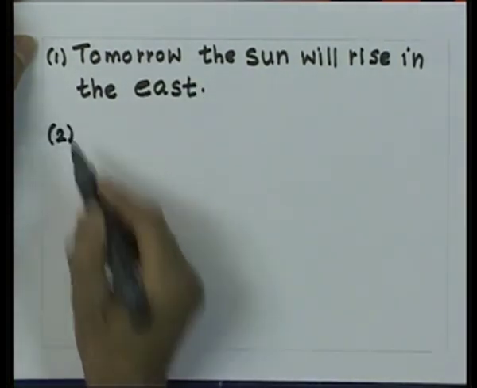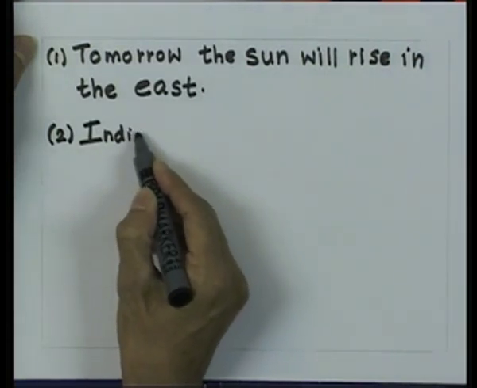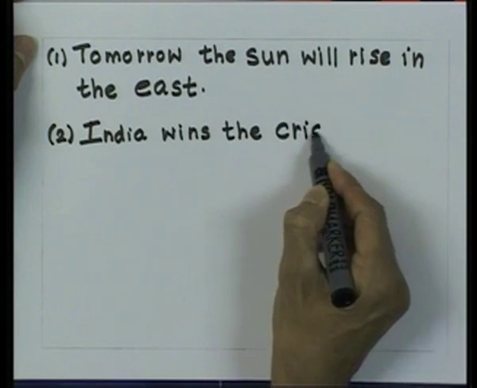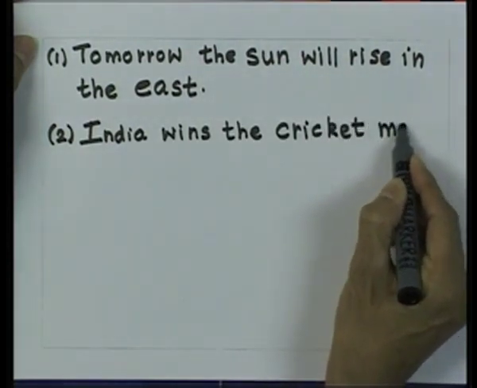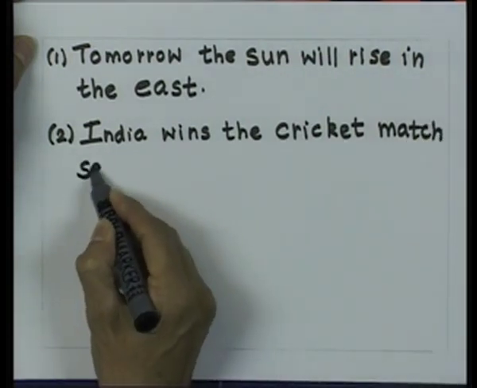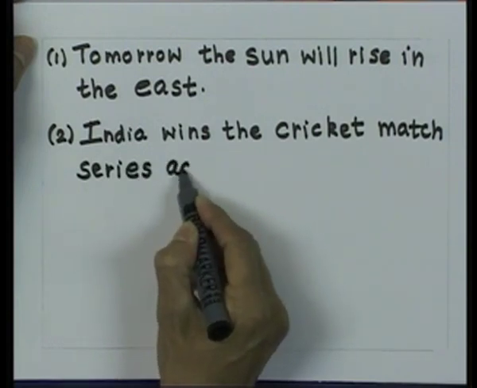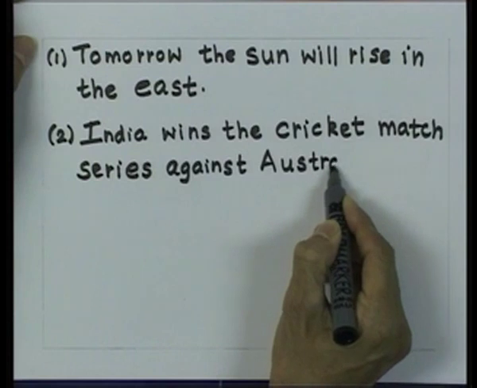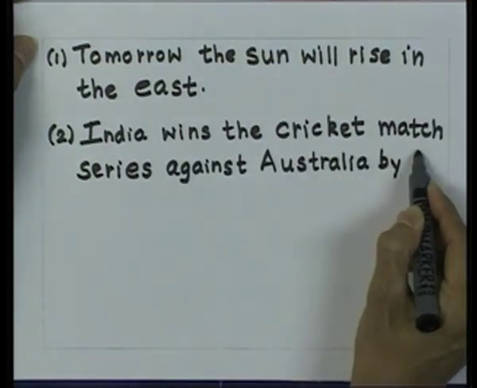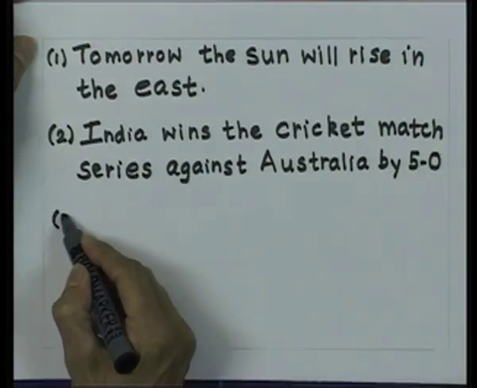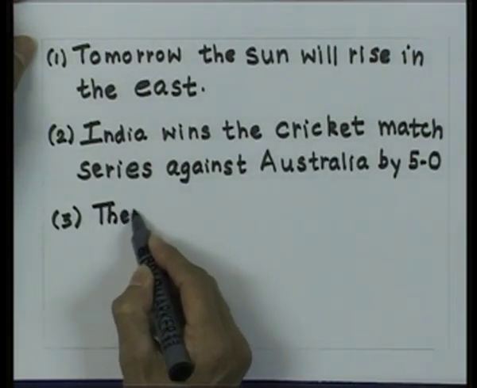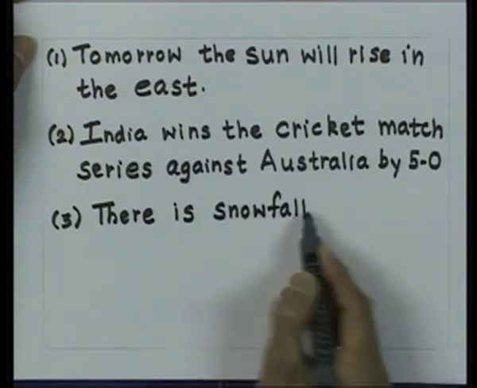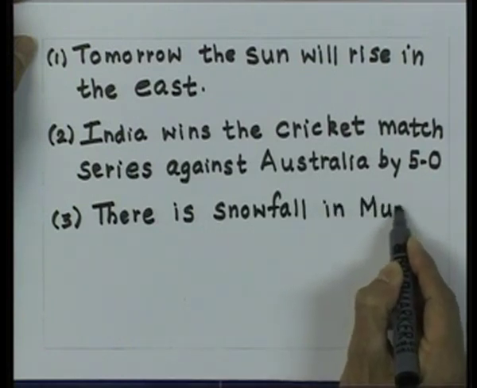The second headline says, India wins the cricket match series against Australia by 5-0, and the third headline says there is snowfall in Mumbai.